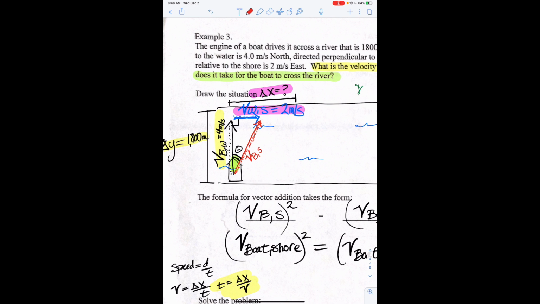Furthermore, by taking that red vector, that is the same amount of time that the water is going to sweep the boat this way. So we can use that time when we work in the x direction. So I'm saying the time in the y direction is the same as the time in the x direction, is the same as the time in this combined direction. They are all the same time.